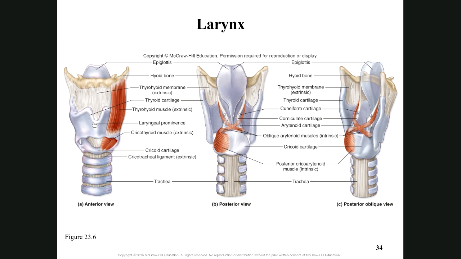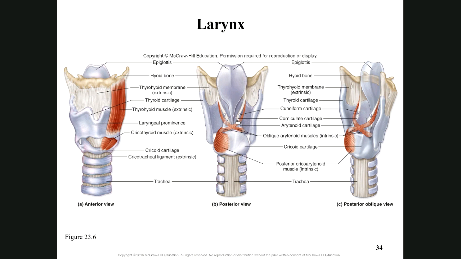It enlarges during puberty. And the other cartilage is ring-like. You can see it in the anterior and also the posterior part of your larynx. This is the epiglottis, which is spoon-shaped or leaf-shaped. And then we have these smaller cartilages in the posterior view: arytenoid, cuneiform, and corniculate.